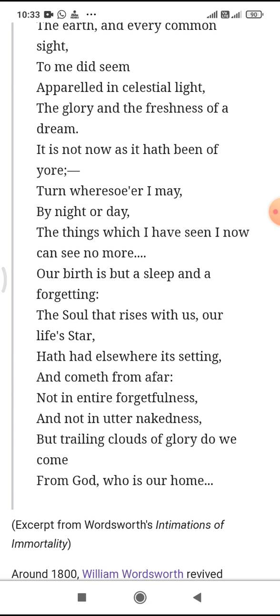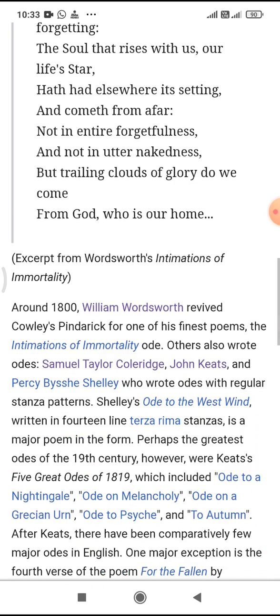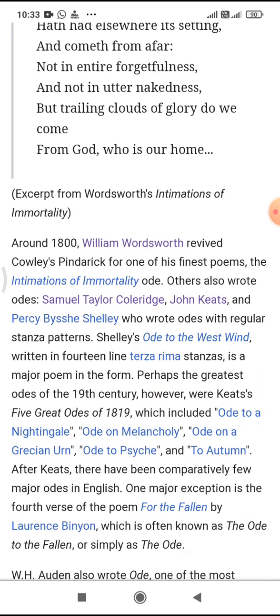This was an excerpt from Wordsworth's Intimations of Immortality. Around 1800, William Wordsworth revived Cowley's Pindaric for one of his finest poems, the Immortality Ode.